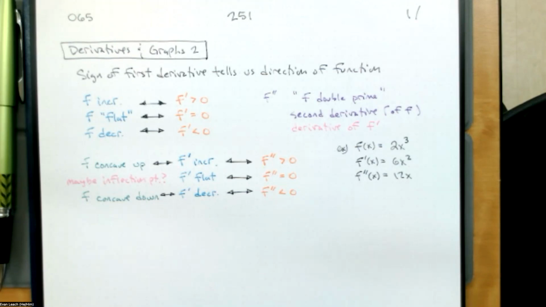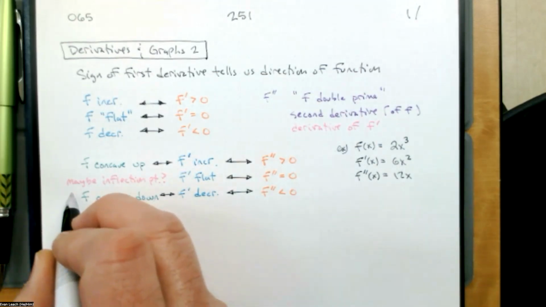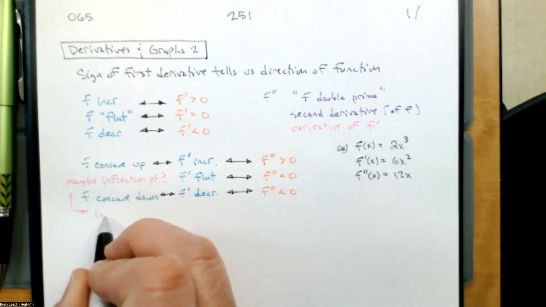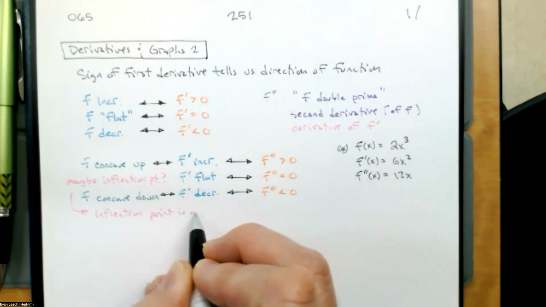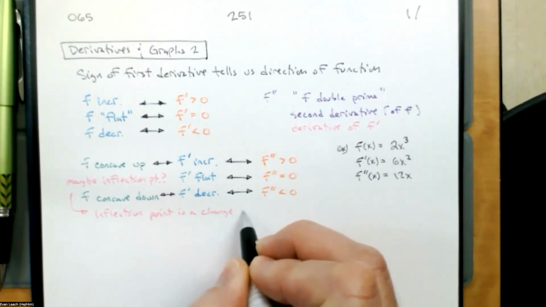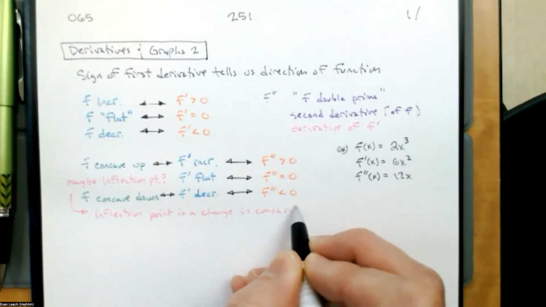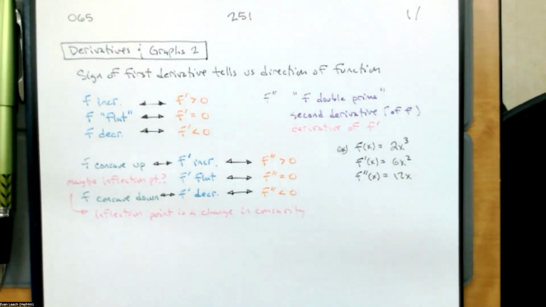An inflection point just means the function is changing concavity. This is similar to when we talk about the function being flat.